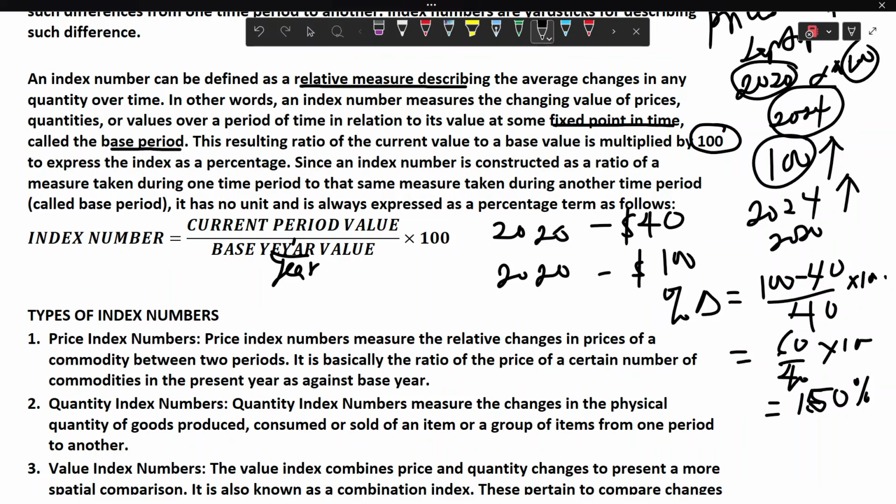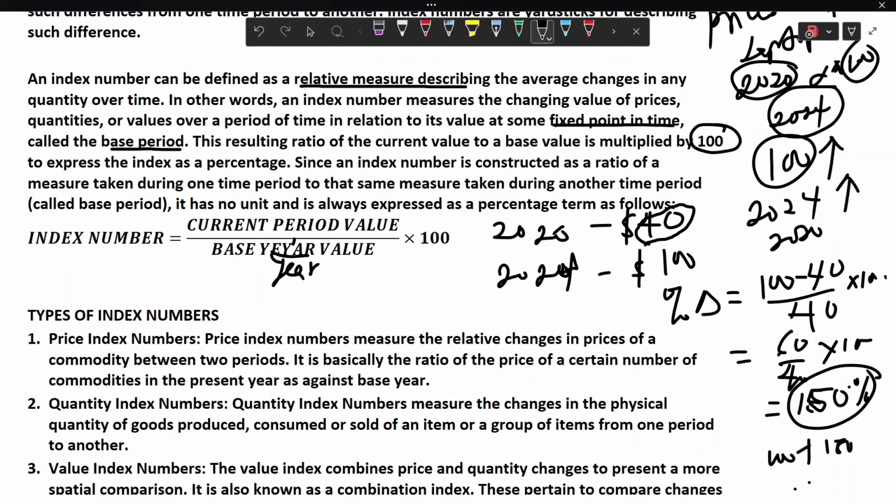So meaning that between these two periods, that's 2020 and 2024, there was a price change of 150. And since, let's assume that 2020 is the base period, and since the base period is 100, we can add this 150 to the 100.